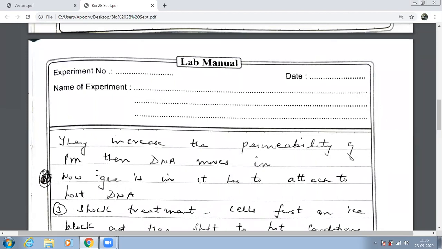If the permeability of the plasma membrane is improved, the DNA will move in and your gene will enter the cell and attach itself to the host DNA. Your gene is able to enter the cell because the plasma membrane has become permeable because of the presence of calcium, a divalent ion.